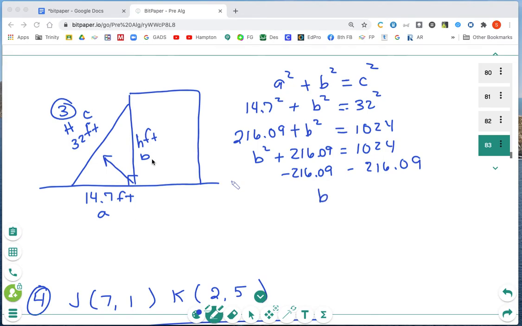So B squared is equal to 807.91. Now to find B, we're going to take the square root of both sides. That cancels out the 2. And that's going to give us B is equal to 28.4 feet, rounding to the nearest tenth.